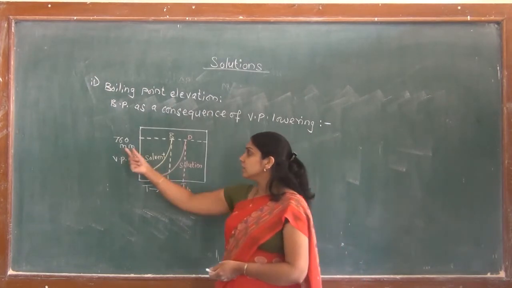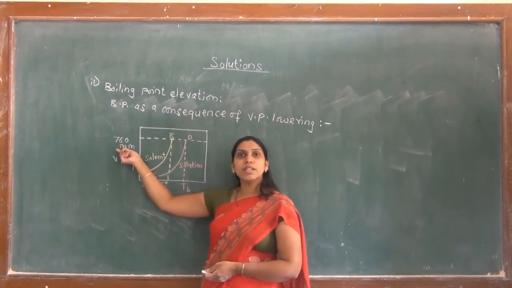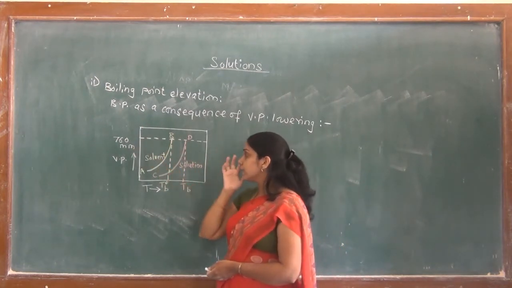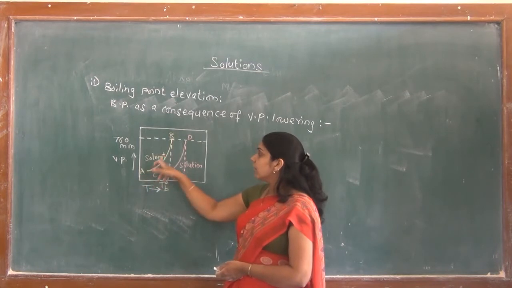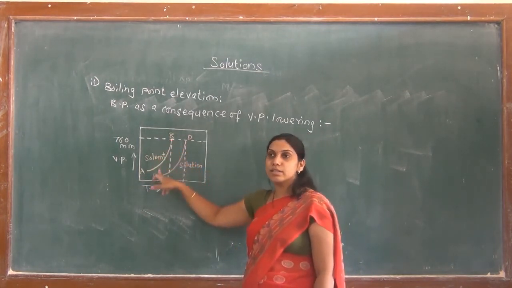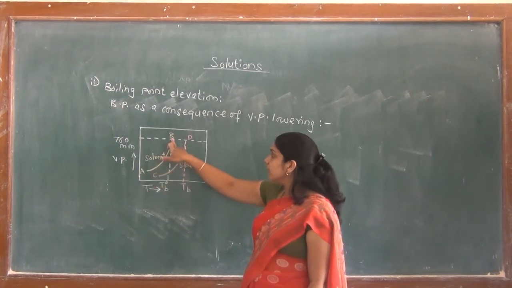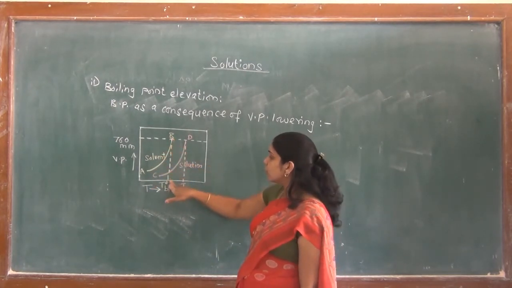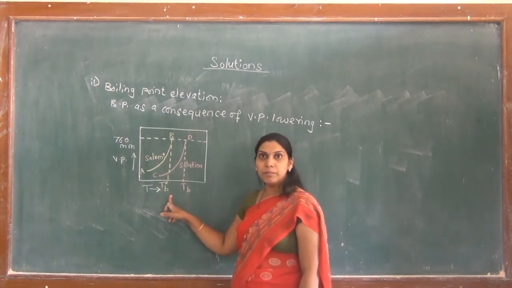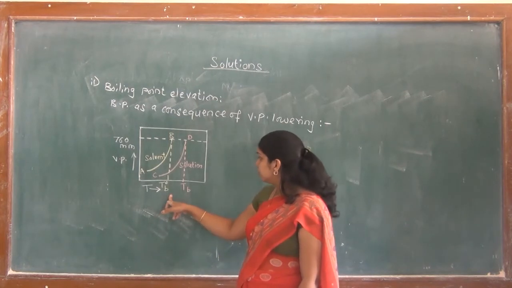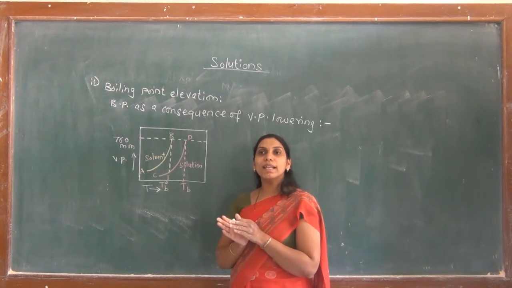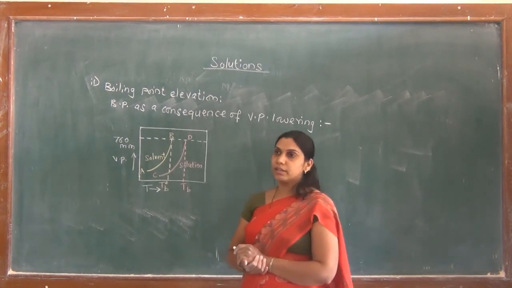Consider that the atmospheric pressure is 760 mmHg, and the line intersecting the vapor pressure curve of solvent, curve AB, reaches a temperature T0B, which is the boiling point of the solvent.